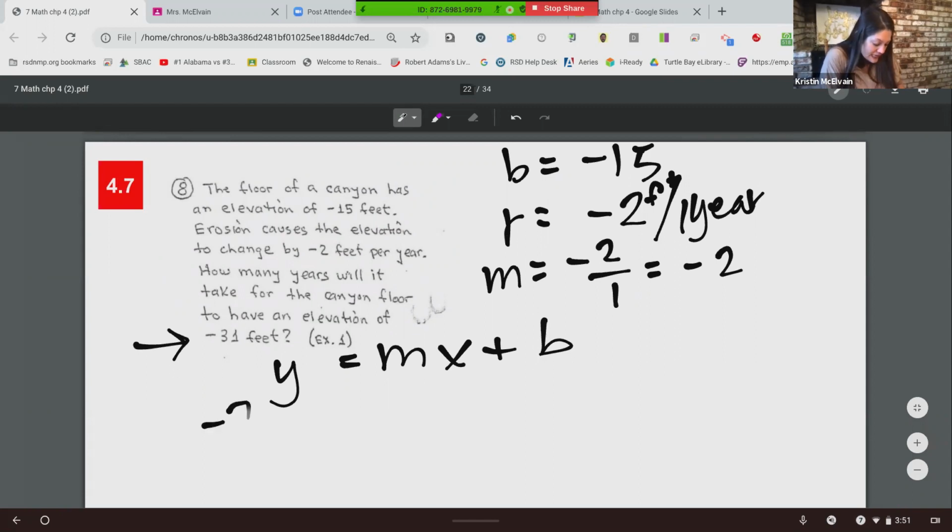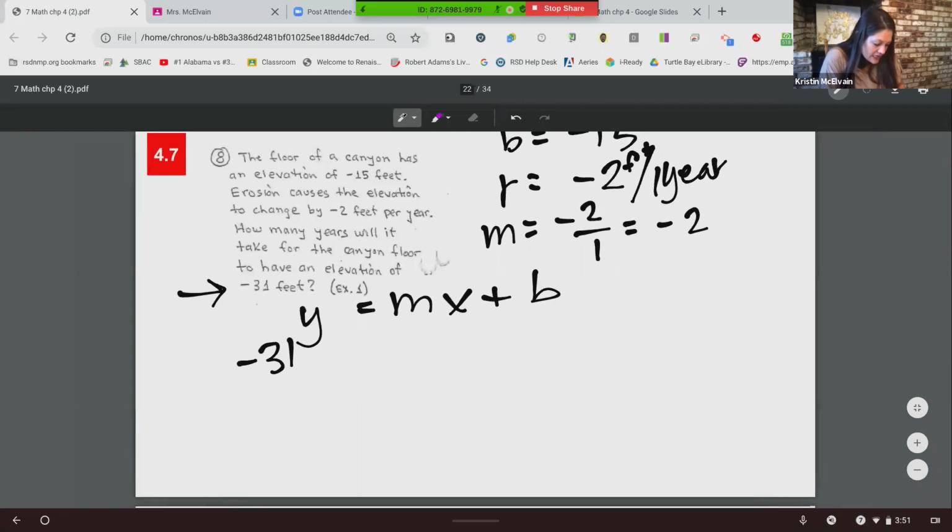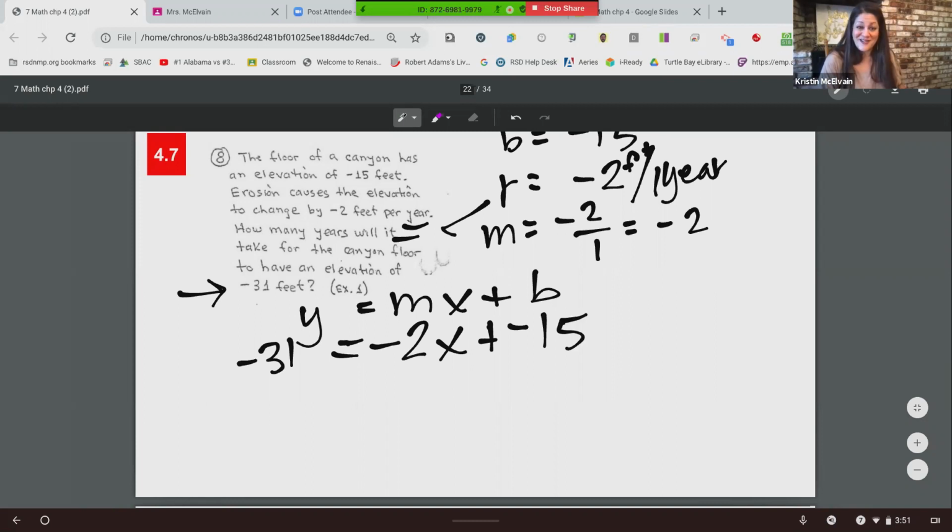So we're going to say -31 equals our m, or our rate of change. These two here are the same thing. We want to know how many years will it take. That's our unknown variable. And we are starting at -15. Okay, so all we have to do is solve for x, and that's the number of years.